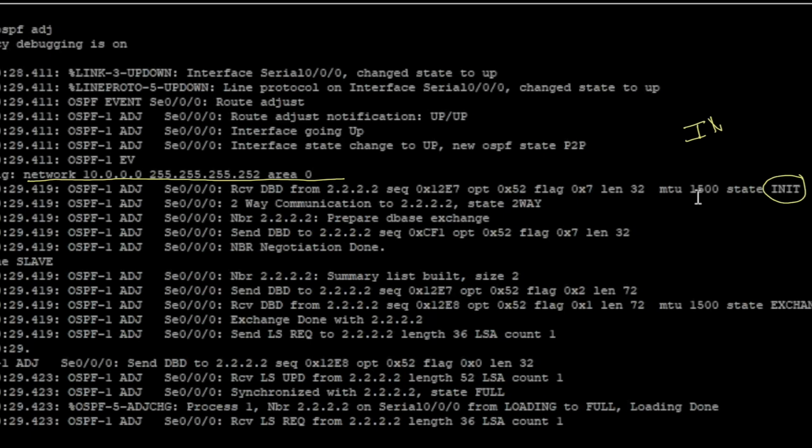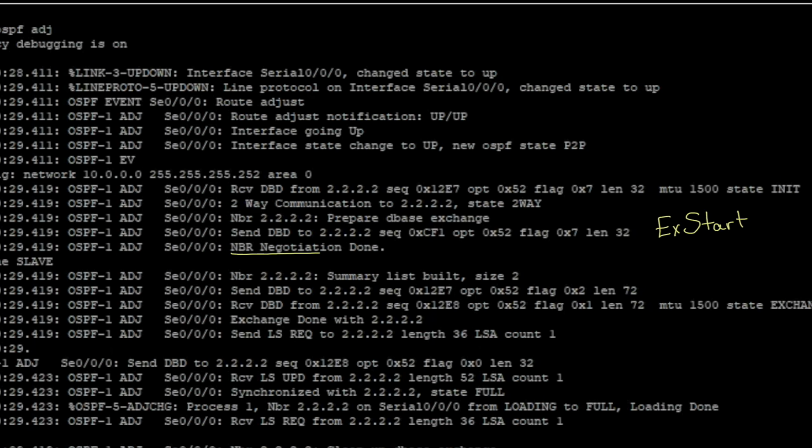From there, the routers move into two-way communication. When routers enter two-way communication, that means that router 1 here has seen its own router ID of 1.1.1.1 listed in the hello packet that it received from router 2. We covered that in the previous OSPF video.